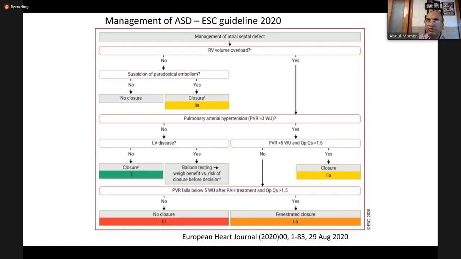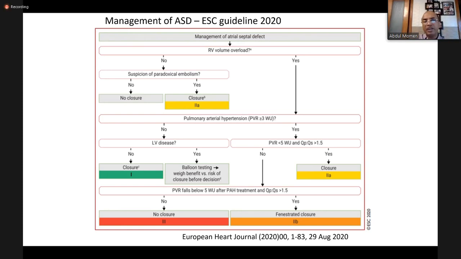So if there is diastolic dysfunction grade 2 or grade 3 in an ASD patient, that means there is a raised LVEDP. Raised LVEDP means the LA pressure is raised. So some LA pressure is relieved by the ASD to the RA, which may give some partial benefit. So if we close the ASD, it may precipitate heart failure. So we should be very careful of LV disease.